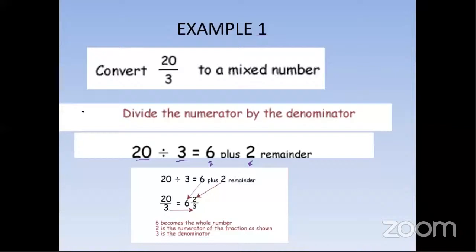So at the end of it all, we shall have 6 whole numbers. The 6 is the whole number that we have got. Then our remainder, which is 2, becomes the numerator.